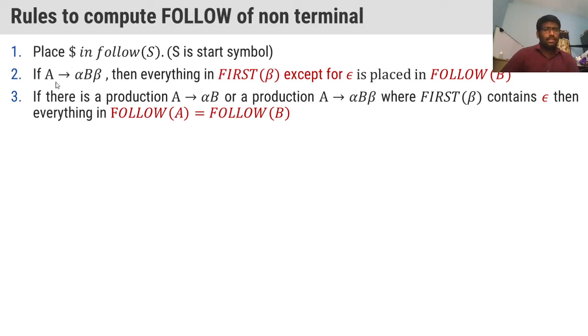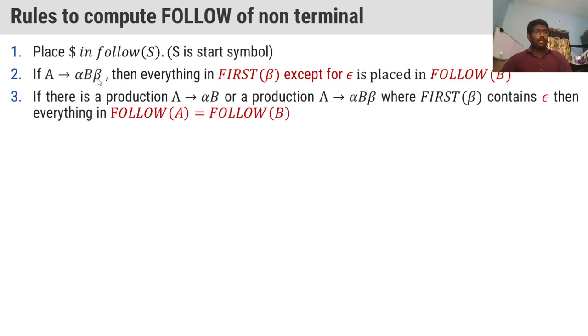Second rule, if the production is in the form of alpha B beta, now if I ask you to find out the follow of capital B, it is followed by beta. Since capital B is followed by beta, follow of capital B equal to first sets of beta, in case beta is not epsilon, when beta is some other symbol or a non-terminal.